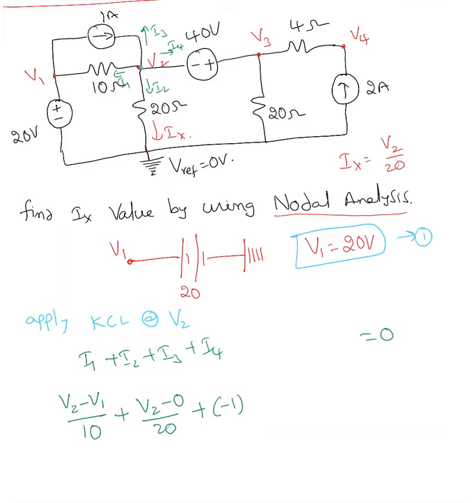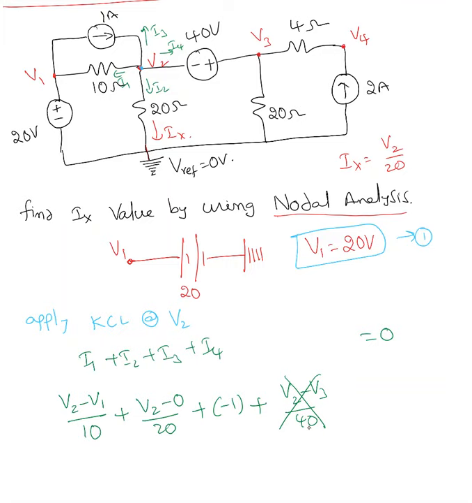What is I4? Most people are going to write this as V2 minus V3 over 40. This is wrong, because that 40 is a voltage. Okay, that's not a resistor, so you cannot write the voltage in the denominator.